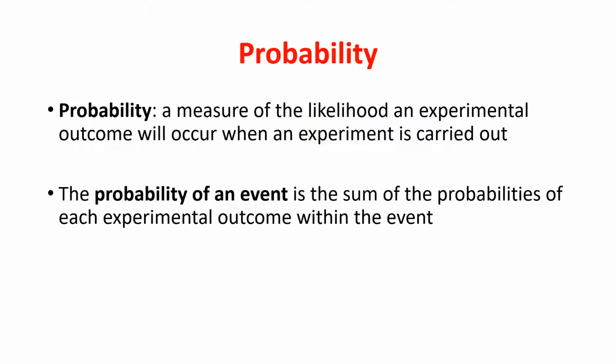Most people would say 50%. Right? Well, that's going to be our probability of 0.5. 50% is a probability of 0.5. Okay. So the probability it comes up heads is 0.5. The probability it comes up tails is 0.5.